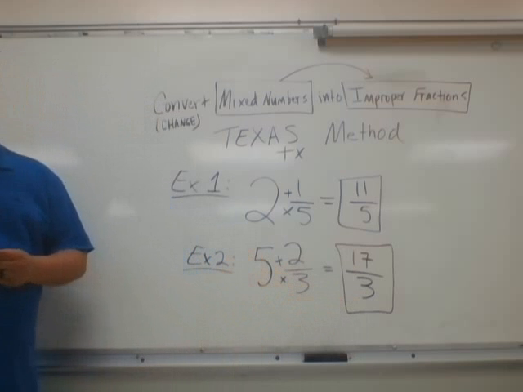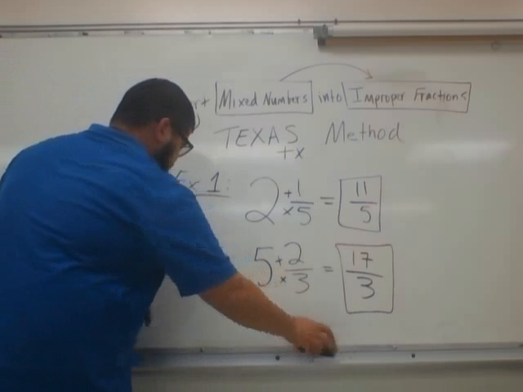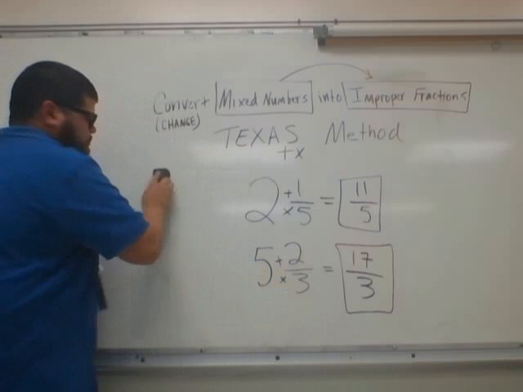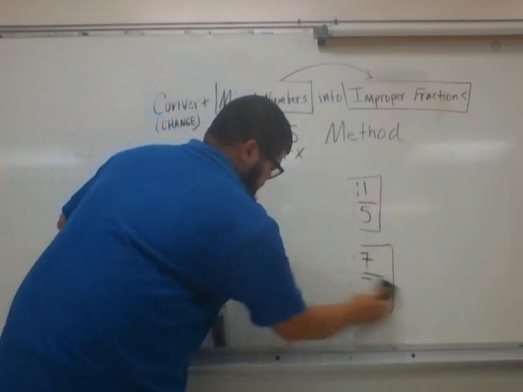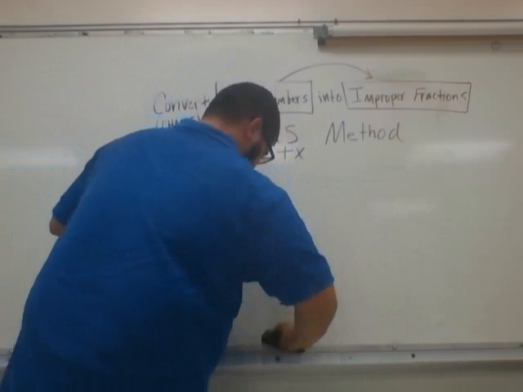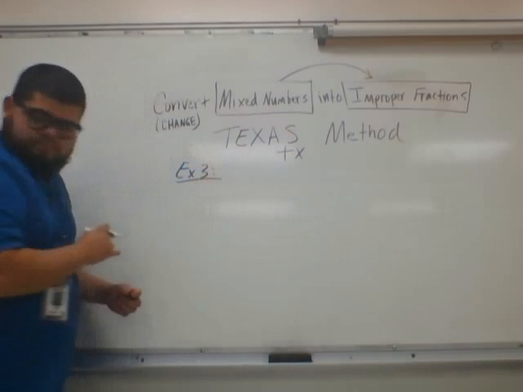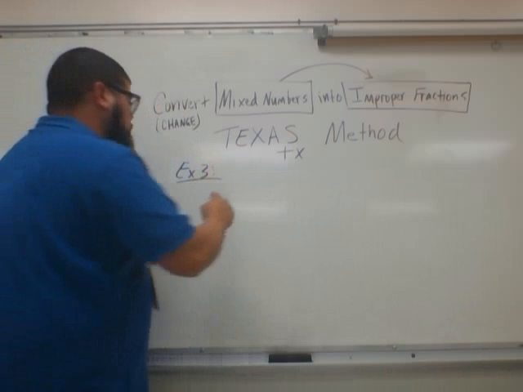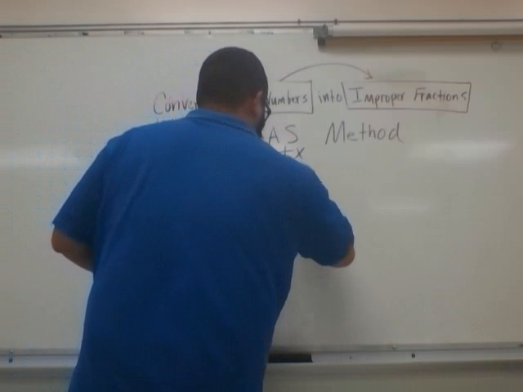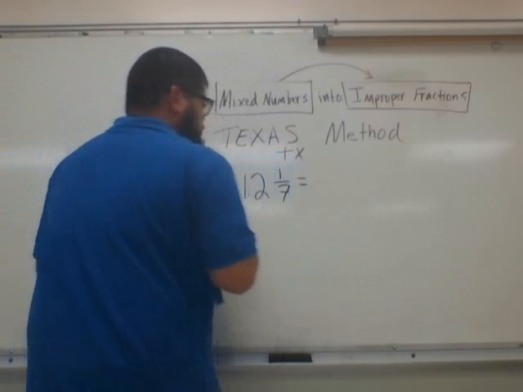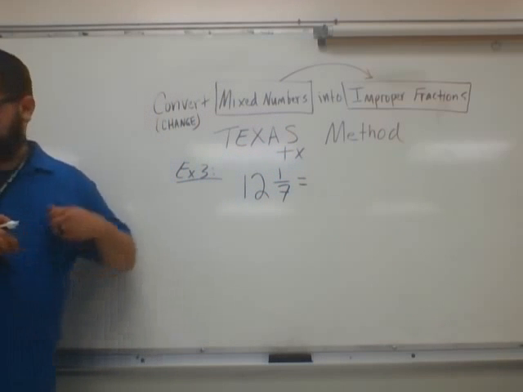All right, let's go over a few more examples. Okay, example 3. We have 12 and 1/7.